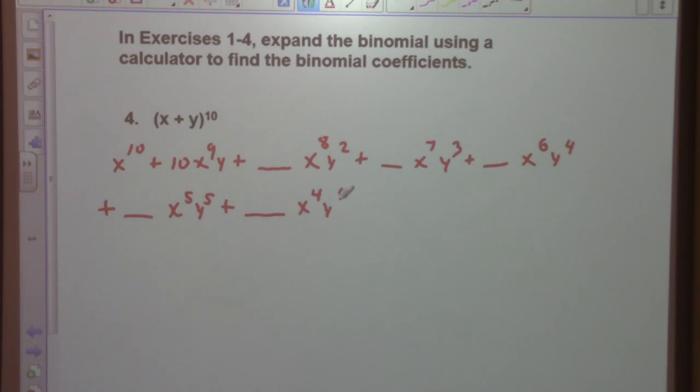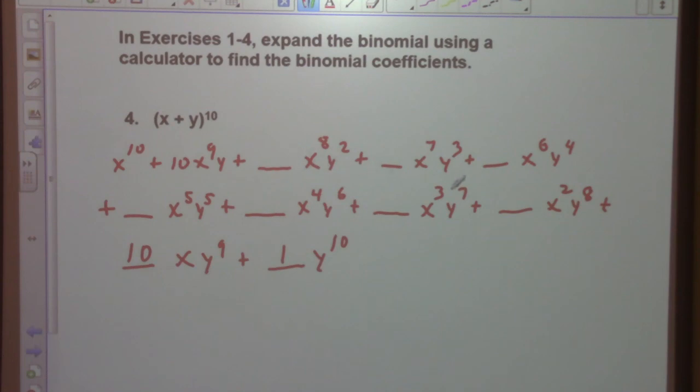You see how this is working, Carmen? Blank x cubed y to the 7th, plus blank x squared y to the 8th, plus blank x y to the 9th, plus blank, we know that's 1, y to the 10th. And this is going to be 10 over here, and then all these other numbers. Fill them all in. And that's your answer.